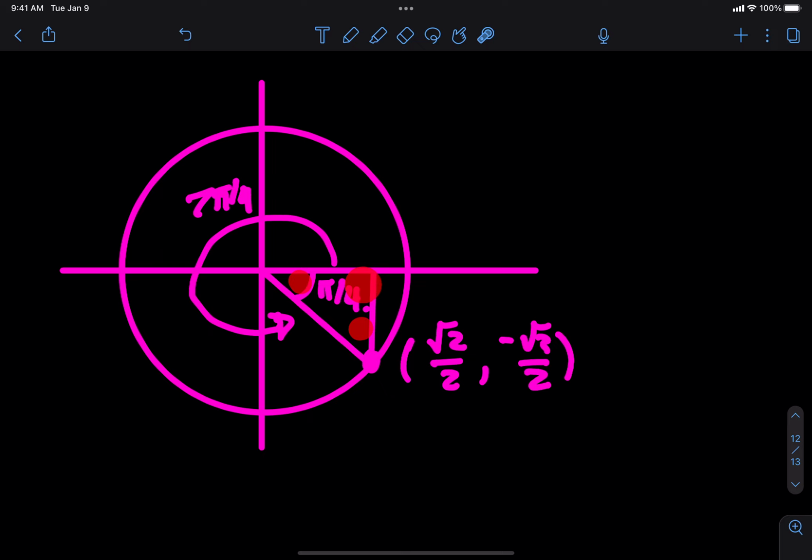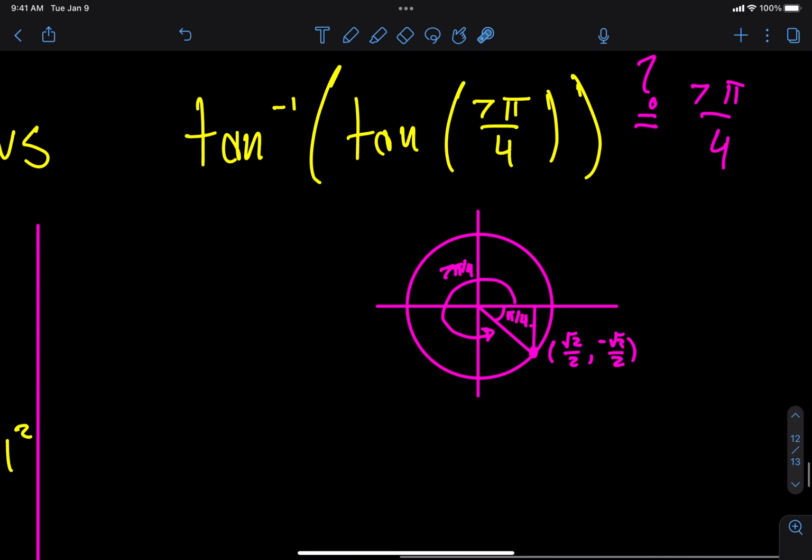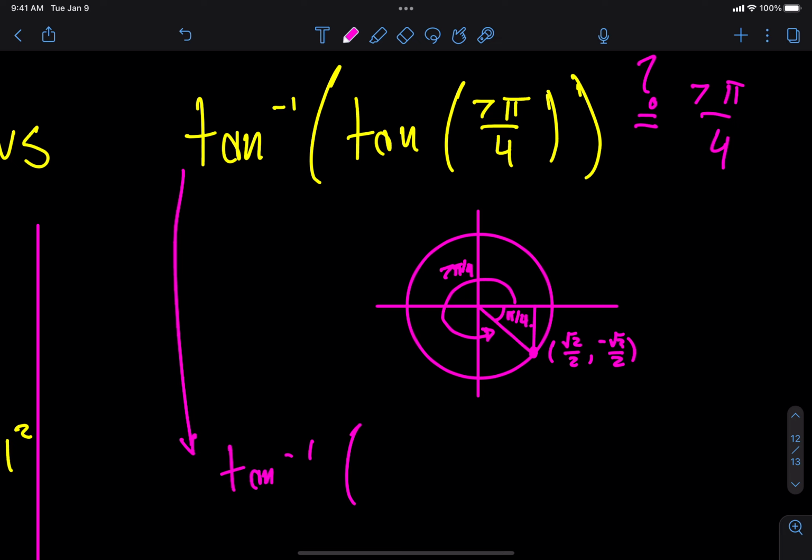You can figure out the side lengths in that way. So this is the same as doing tan inverse of what number? What is tan of 7 pi over 4 in light of these coordinates? 1. Or negative 1. Negative 1. So we need to do tan inverse of negative 1.